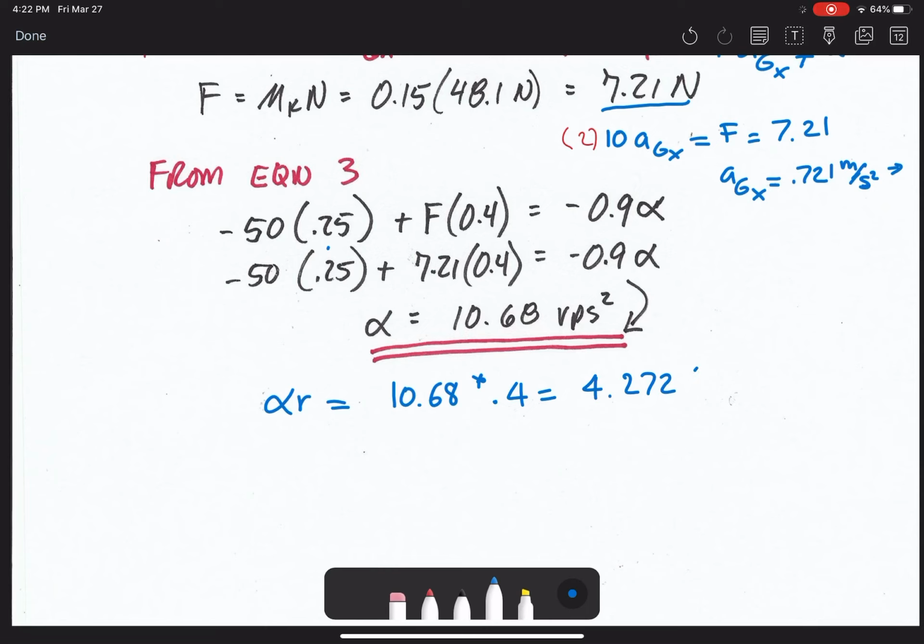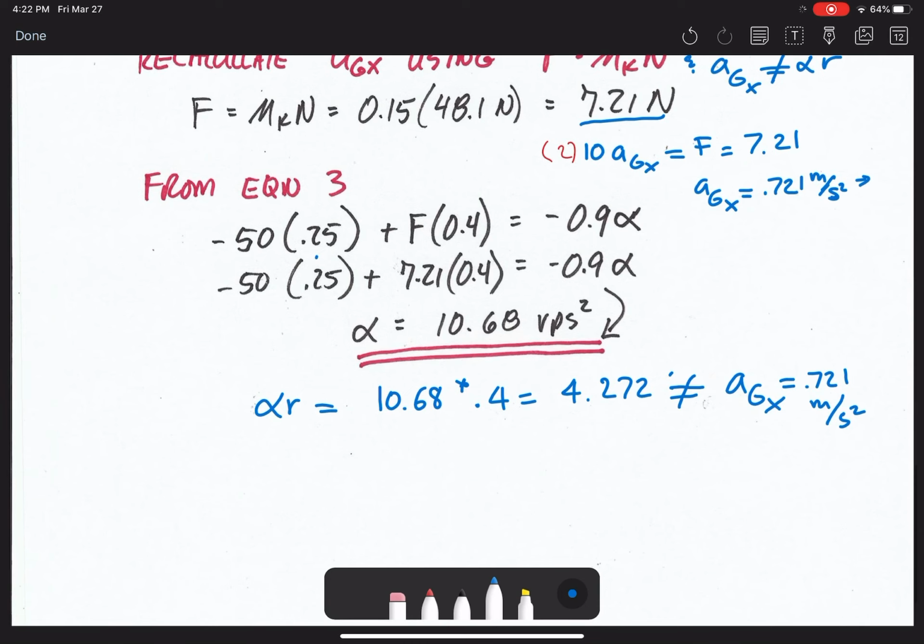And that, as you can see, is different from ATX. So they are not the same. ATX is only 0.721 meter per second squared. That's why the acceleration at the center is not always equal to alpha R. It's sometimes equal, and sometimes not equal.